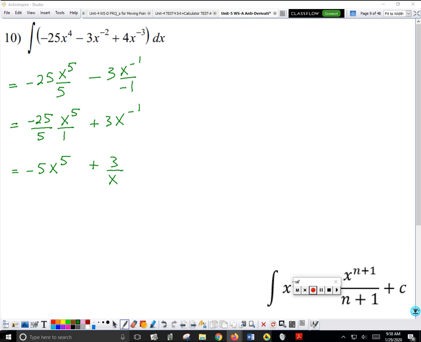Cool. So next thing, the 4 is just a multiplier. Same rule. This becomes x to the negative 2 divided by negative 2. That becomes subtraction now.